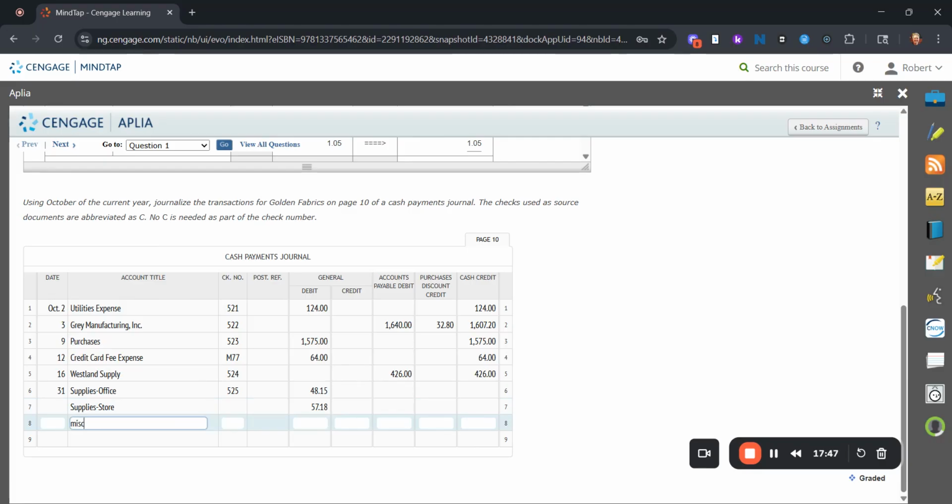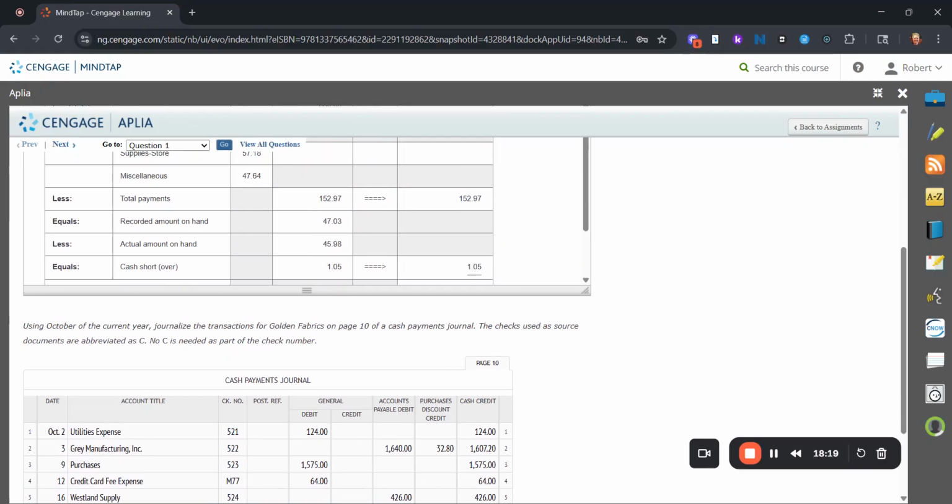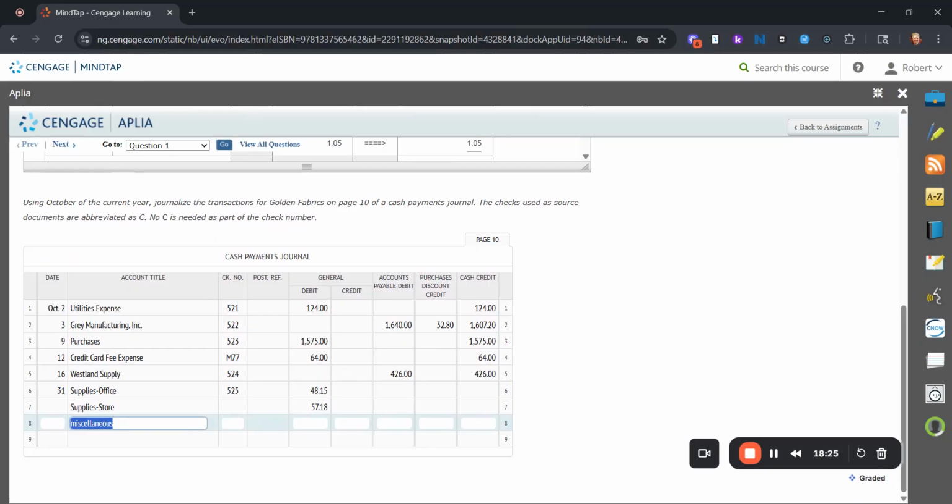Then we have miscellaneous. I don't know why I always accidentally stick that H in there. There we go. Miscellaneous. Oh, silly me.